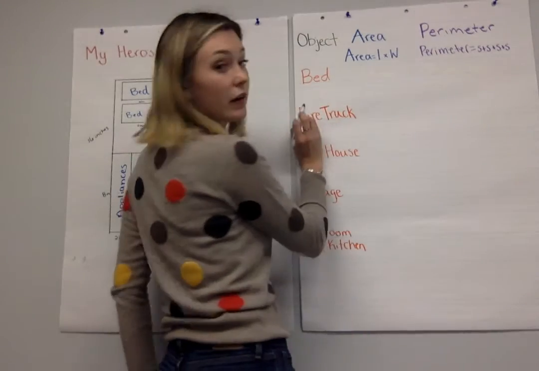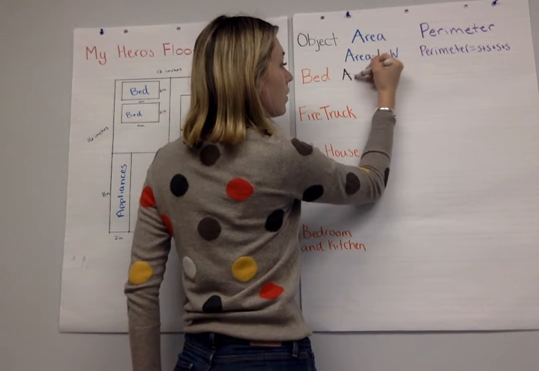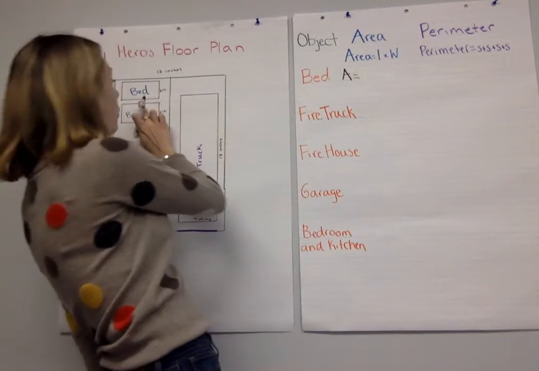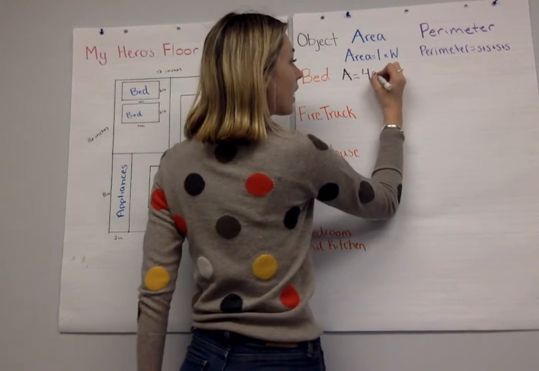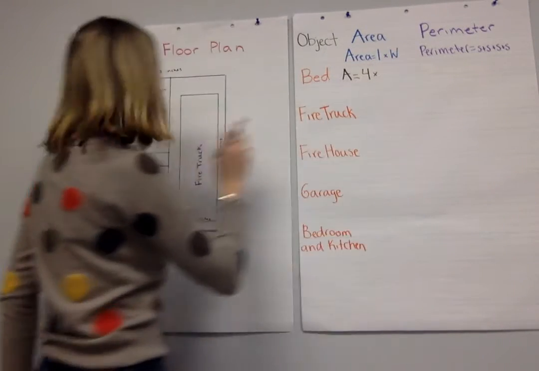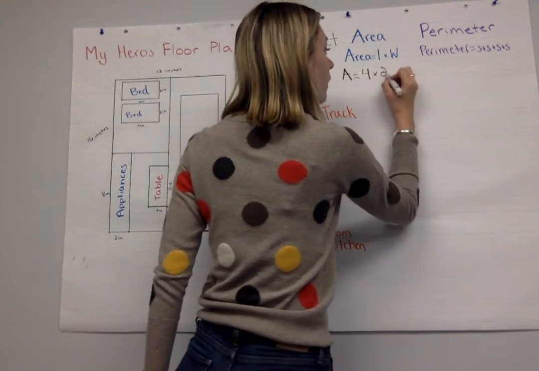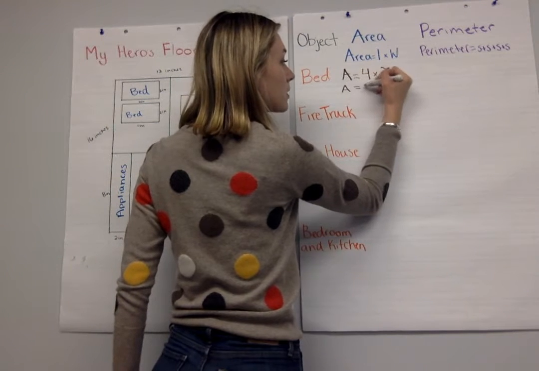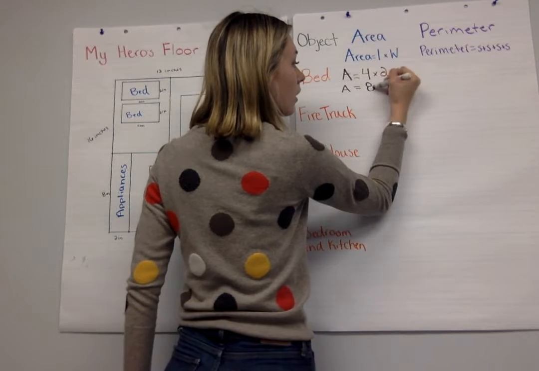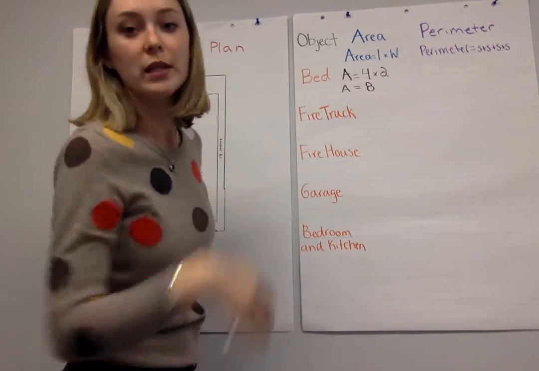So to find the area for the bed, we do A equals our length, which is 4, times our width, which is 2. And 4 times 2 is 8.